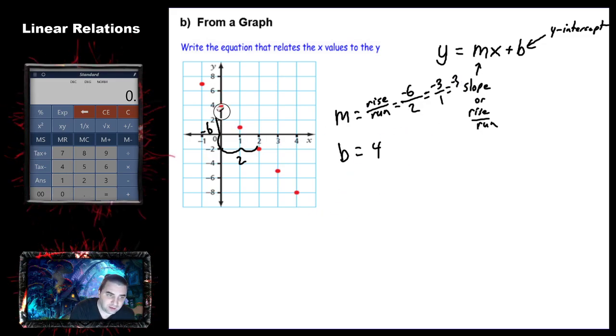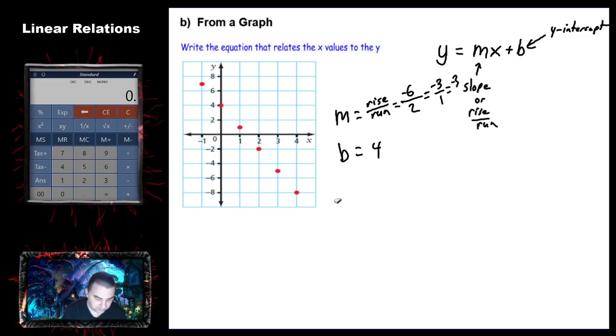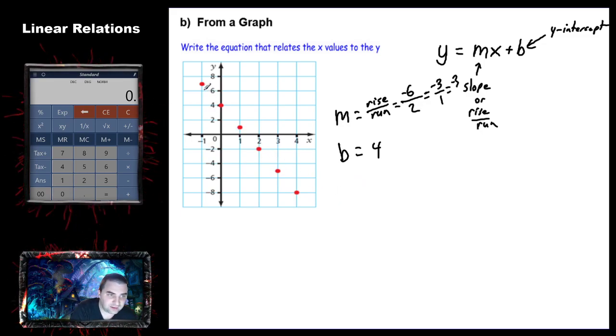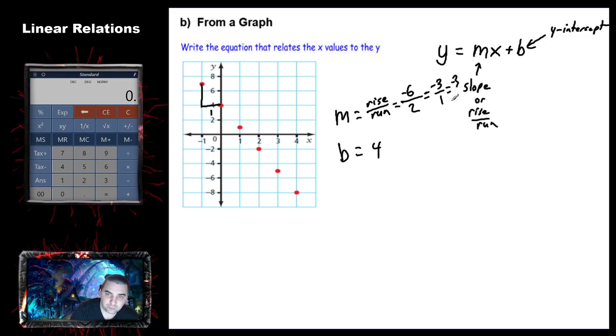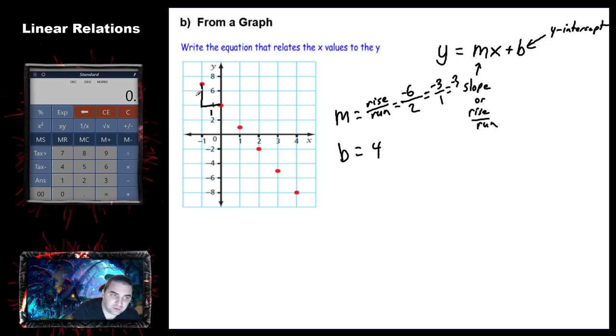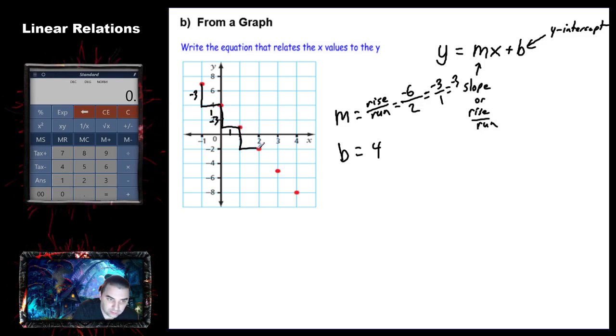Okay? And what I want to point out here is that graphically, we can see in a couple different places that for every one step right, it goes down 3. So it went from 7 down to 4. That's down 3. And look at this. One step right, -3. -3, one step right.